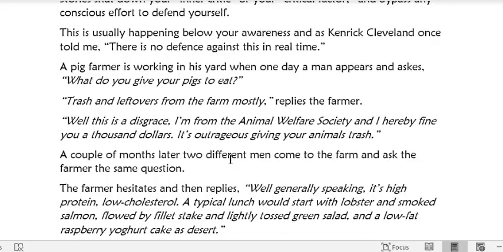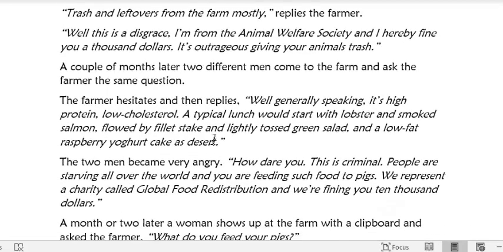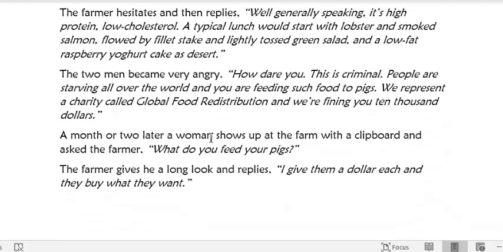A couple months later, two different men come into the farm and ask the farmer the same question. The farmer hesitates and then replies, well, generally speaking, it's a high-protein, low-cholesterol diet. A special lunch would start with lobster and smoked salmon, followed by fillet steak and a lightly tossed green salad, with a low-fat raspberry yogurt cake as dessert. The two men became very angry.